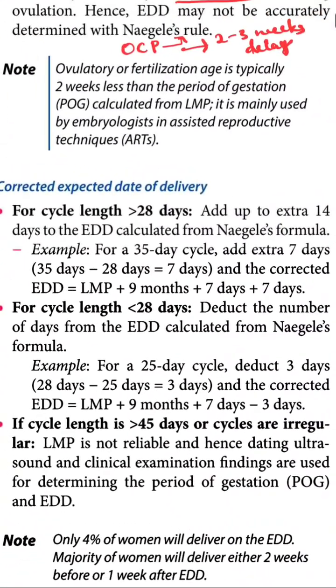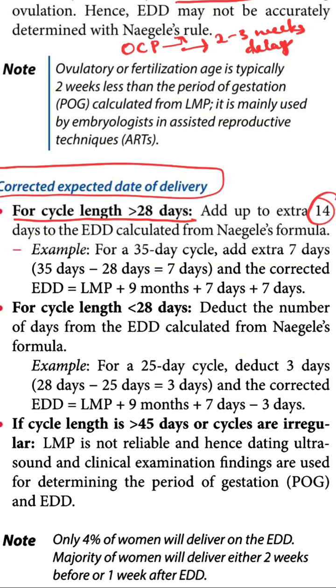So now coming to the corrected expected date of delivery. What if the woman is not having a 28-day cycle? Then what will we do? For cycle length greater than 28 days, we need to add the extra days to the EDD from Naegeli's formula. For example, a woman having a 35-day cycle. 35 days is more than 28, so you need to adjust.